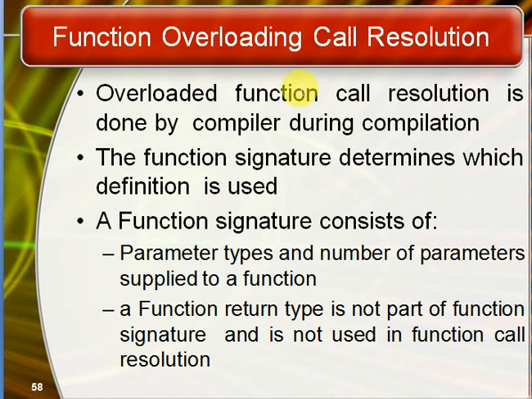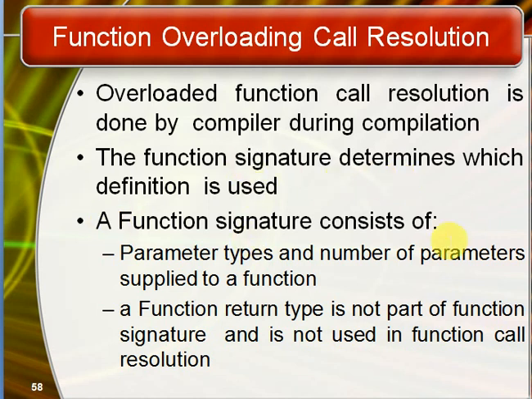Now, function overloading call resolution. Overloaded function call resolution is done by the compiler during compile time. The function signature determines which definition is used. Remember that the function signature represents the number of arguments, type of arguments, and order of arguments.